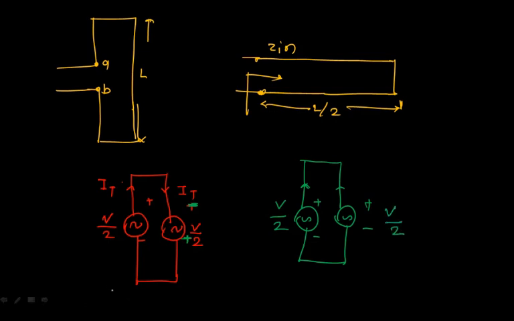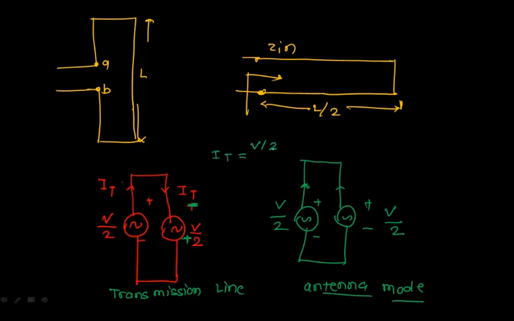So this is your transmission line mode and this is your antenna mode. And I'm interested in the input impedance of this one. If I'm interested in calculating the total current in the transmission line mode, IT is equal to V by 2 divided by ZT.